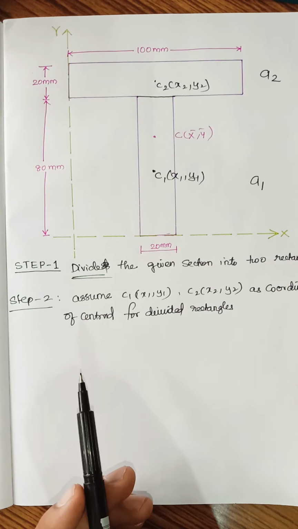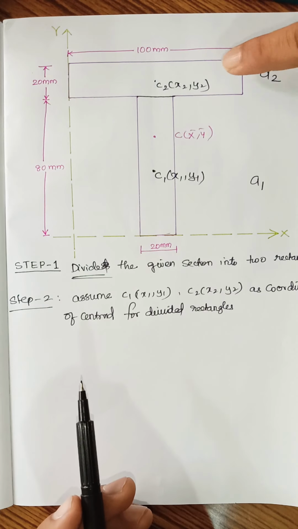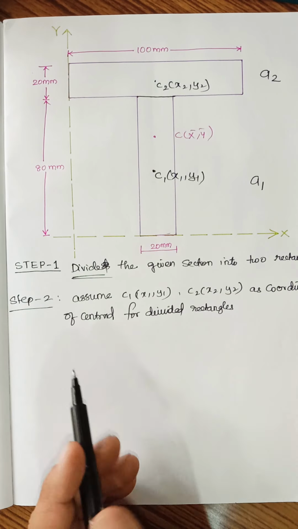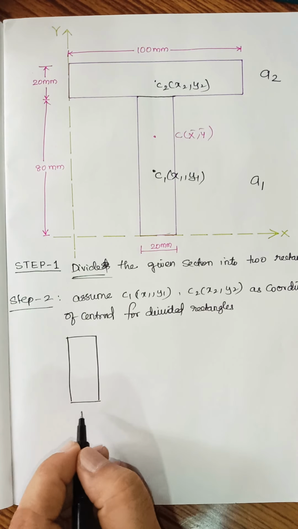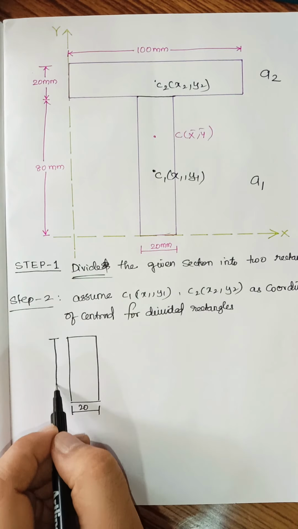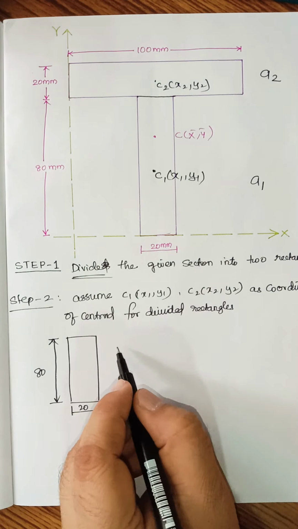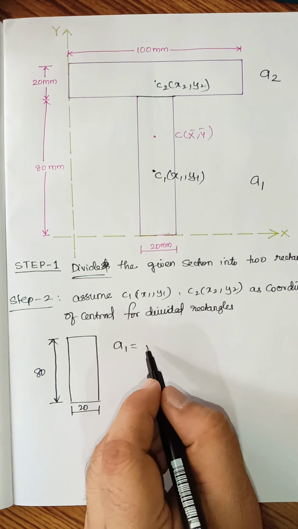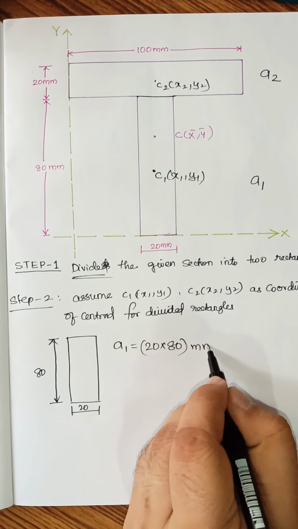Also I'm assuming that A1 is the area of the first rectangle and A2 is the area of the second rectangle. Now for my convenience, I'm drawing the rectangles once again. The width of the first rectangle is 20 millimeter and its depth is 80 millimeter. Now A1 will be equal to 20 multiplied by 80 millimeter square.